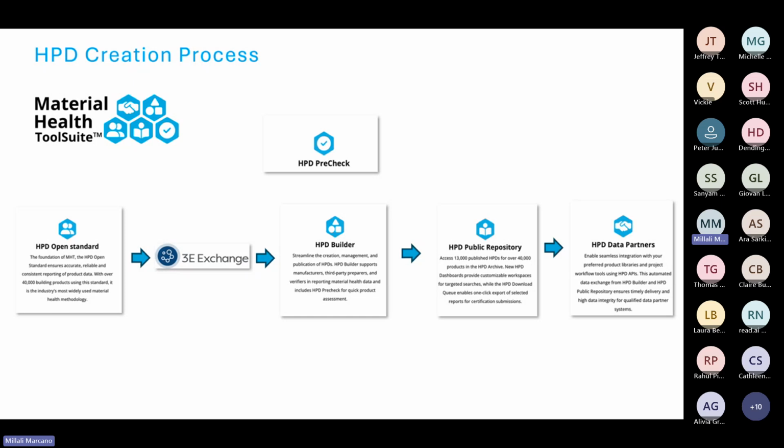So you still need an account in the HPD builder because all HPDs are published through the HPD builder. In the HPD builder, the data sent by 3Exchange is rescreened, except for the proprietary data that has already been assessed in 3Exchange. And then the HPD can be published. It will go to the repository and HPD data partners.